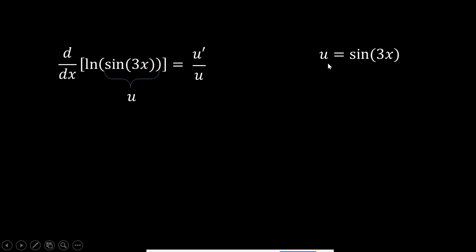But don't forget that in order to take this derivative, I have to be taking the derivative of the sine of u, because remember, there's a rule for that. And the derivative for the sine of u was cosine u prime. So derivative of u is u prime. The derivative of the sine of 3x should be 3 cosine of 3x.